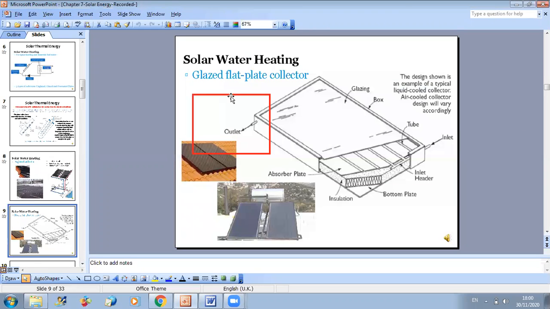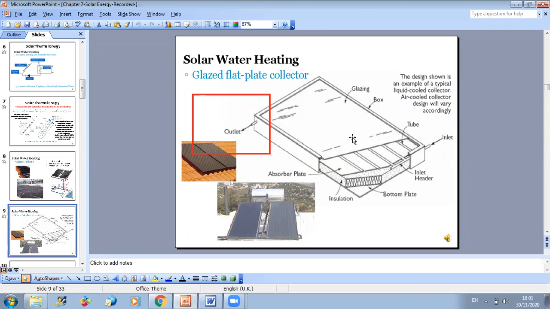the glazed flat plate collector. Mainly, the difference here is that we are putting a glazing above the tubes. This helps reduce the convection losses a lot, because the heat that is collected is stored in a small enclosure, with a small air gap between the glazing and the tubes, so convection is reduced in this way.